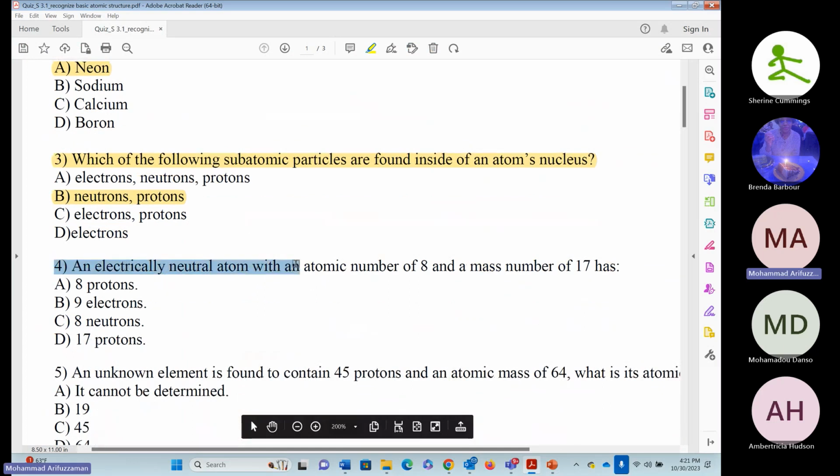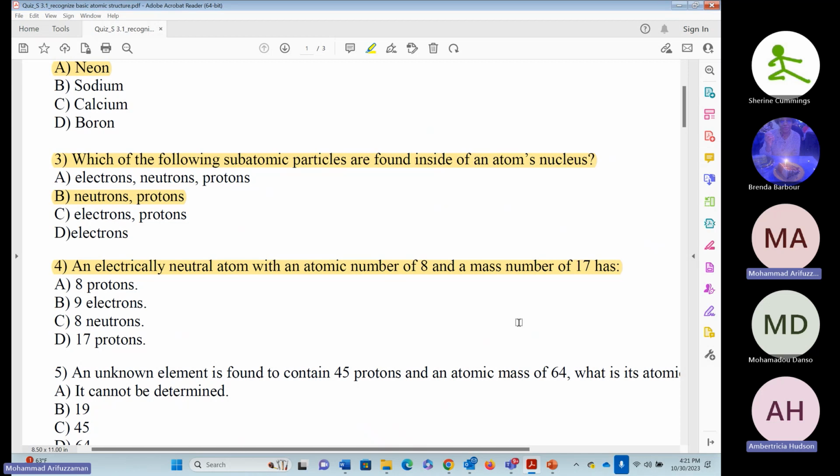An electrically neutral atom with atomic number 8 and mass number 17. Which one is correct? Atomic number 8 and mass number 17. Is it B? Why? Because 18 minus 17, take away the atomic number, is 9, but the 9 is the electrons.